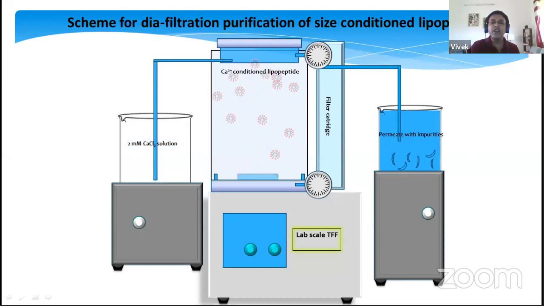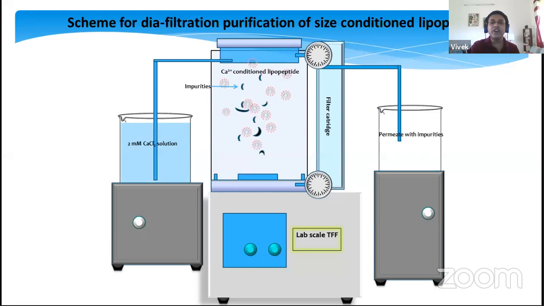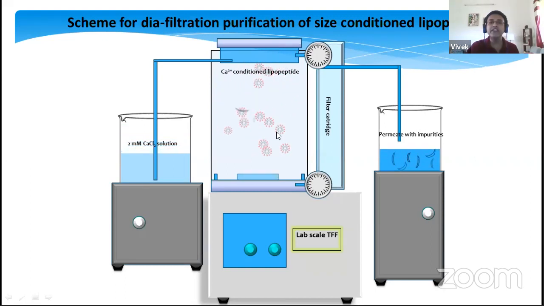So what really happens is as you start this process, we are feeding in the calcium chloride solution, and you can see these impurities are slowly washed out, and what is left behind is only the micelles, devoid of any impurity.